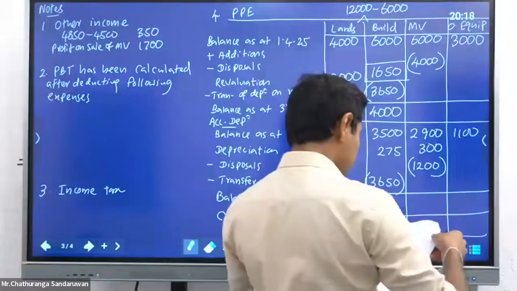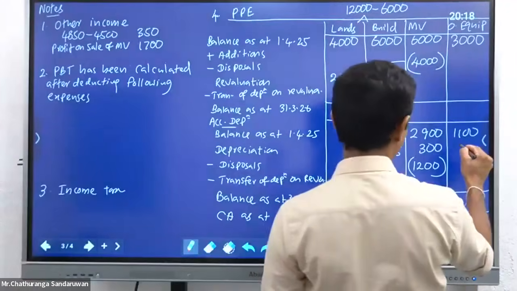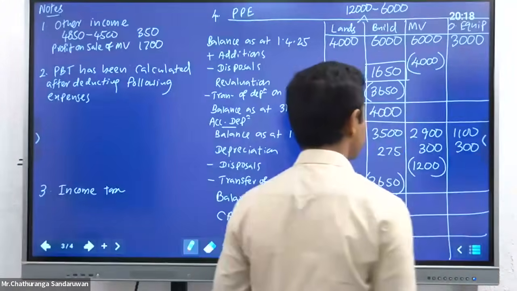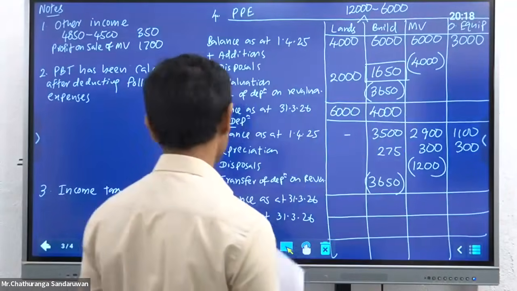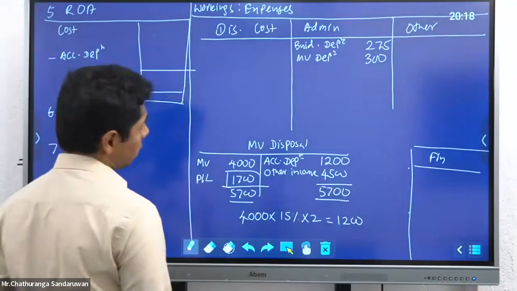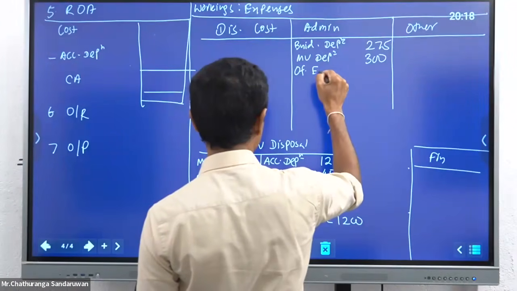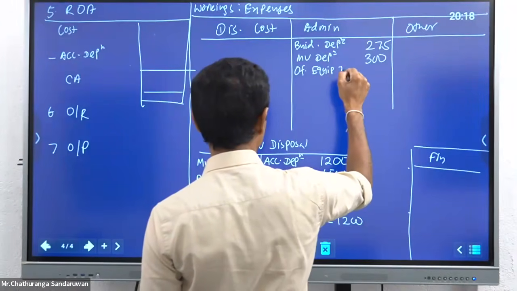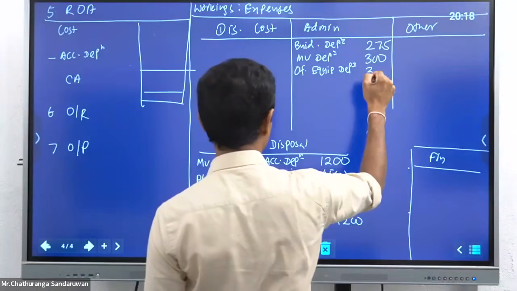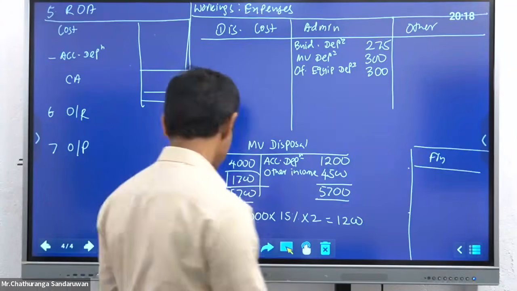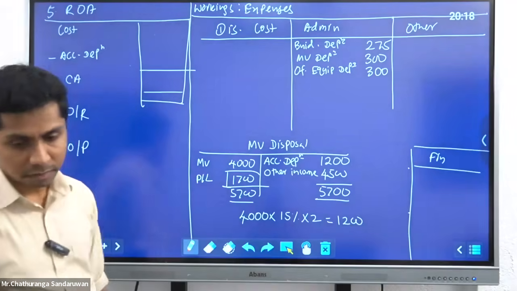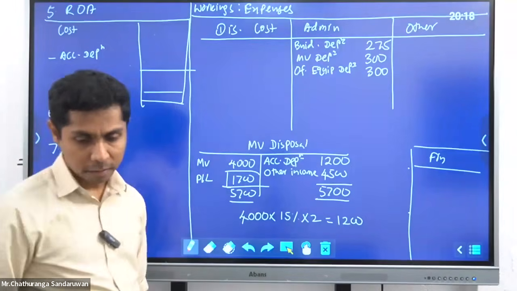The depreciation rate is 10%. So that is 300. Current year depreciation. And under administrative expenses, write office equipment depreciation 300, right? So that part is completely done.